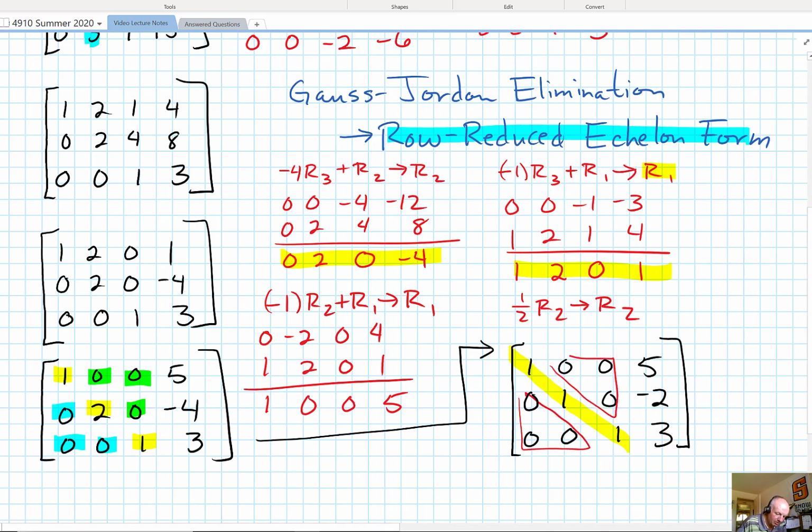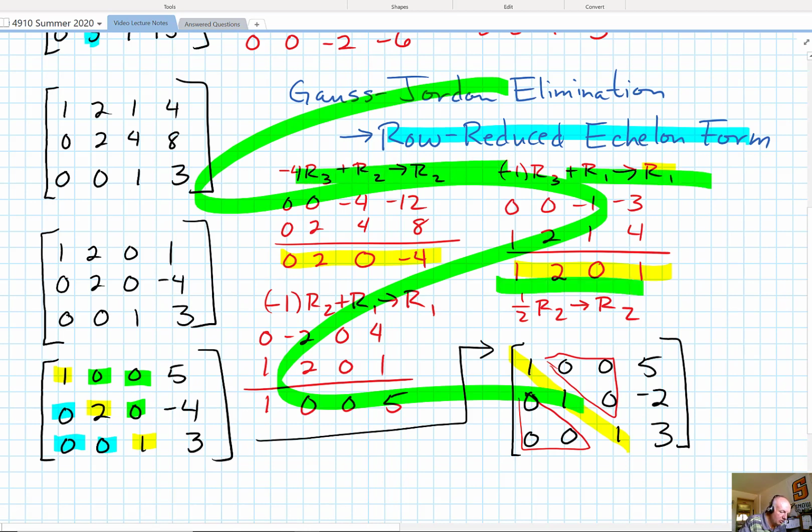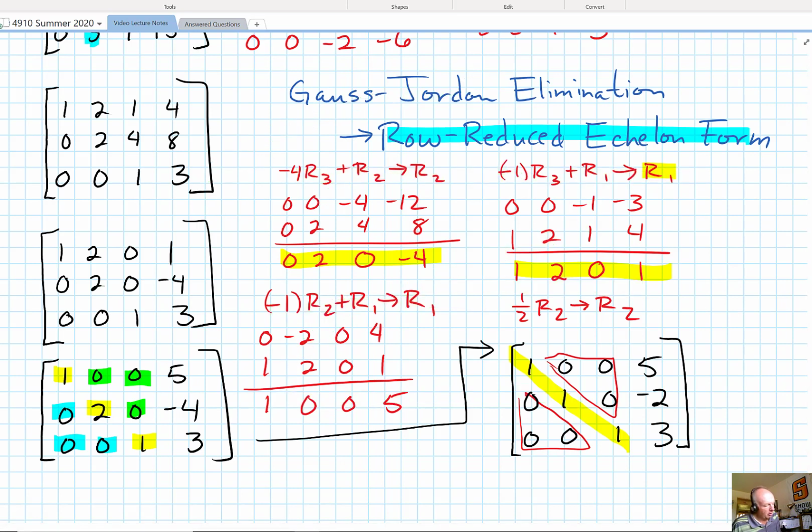Okay. Now here's the thing about row reduced echelon form. Number 1, it does not matter the sequencing that you use for any of your basic row operations, elementary row operations. You will always end up with the same thing.